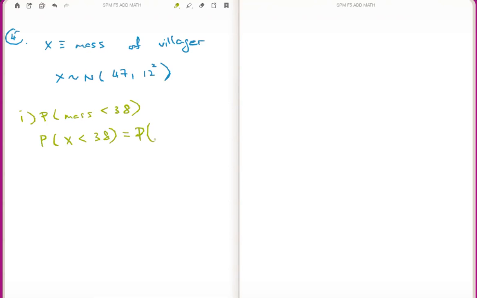Therefore, P is x minus mu over standard deviation less than 38 subtract 47 over 12. So you get P of Z less than negative 0.75. You may want to counter check this answer to see if it's correct.